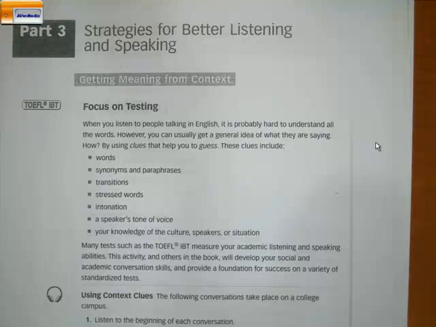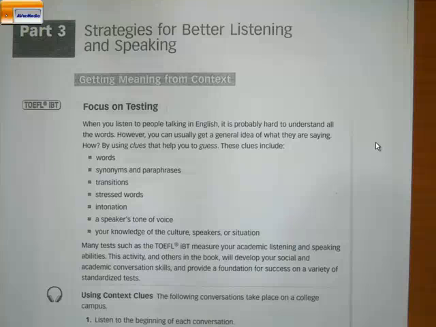These clues include words, synonyms, meaning words that have the same meaning, paraphrase. Many times a person speaking explains the word. Transitions, stressed words, intonation, a speaker's tone of voice, your knowledge of the culture. All of these you use, and we'll see how we do that when we do the context.